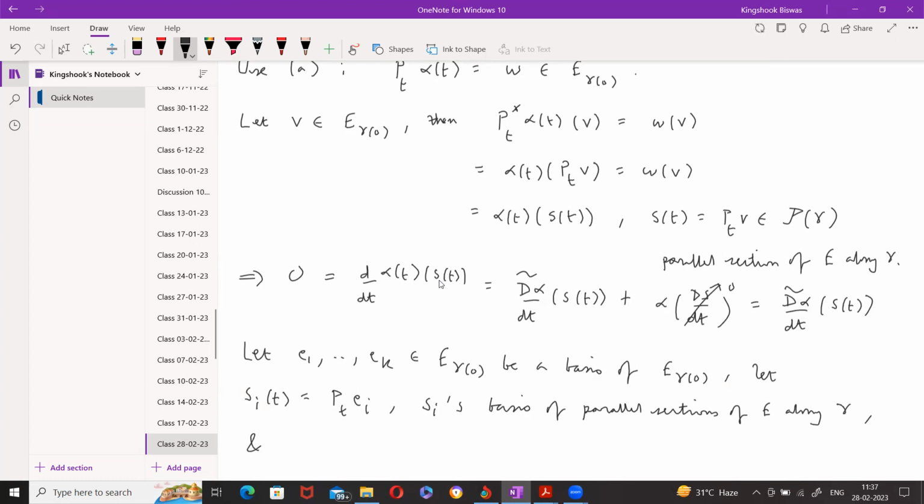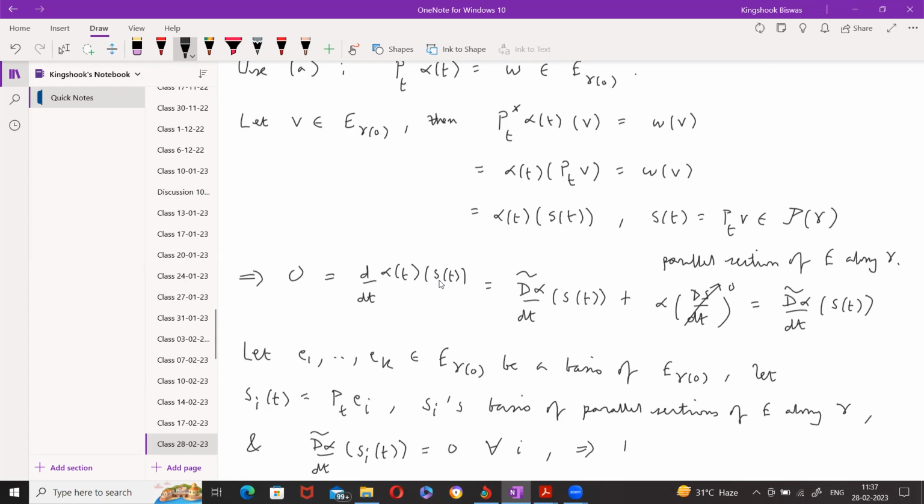And we have that d alpha/dt applied to S_i(t) is 0 for all i. Right? That implies that this d alpha/dt, this is an element of the fiber E star at gamma(t), that applied to a basis of E at gamma(t) is 0. So therefore this linear functional is identically 0.